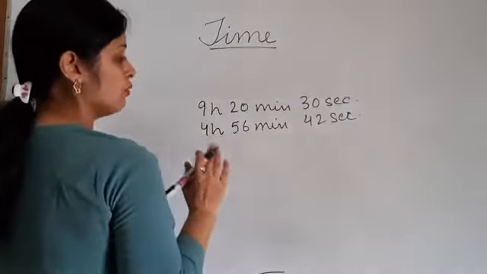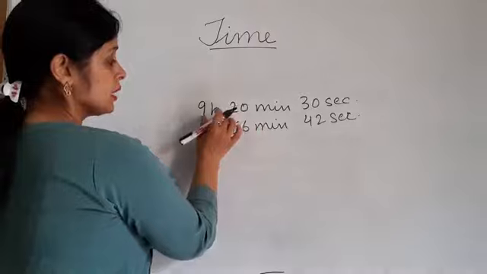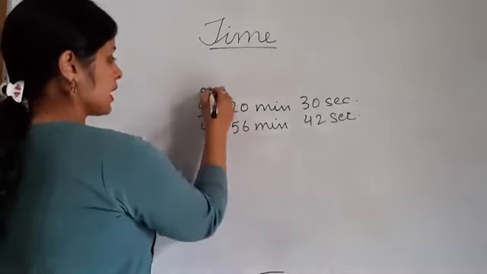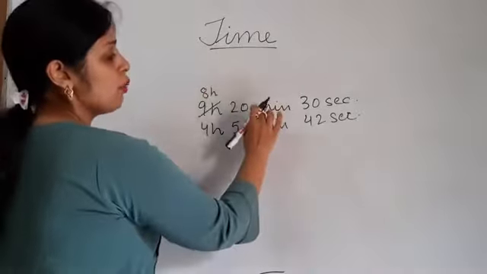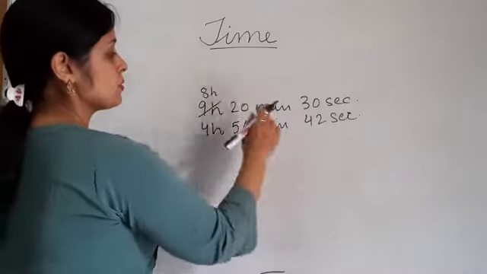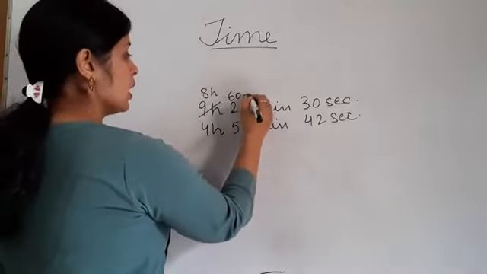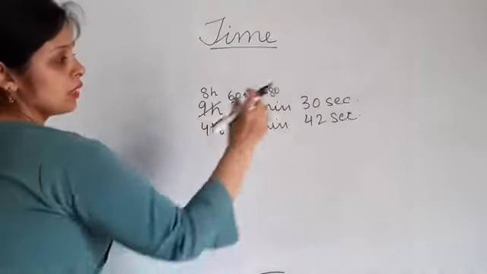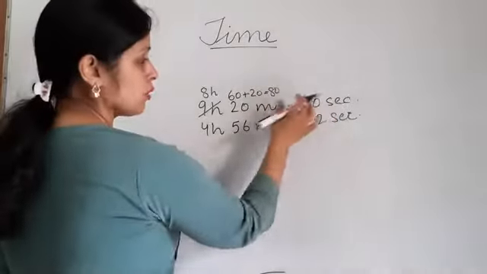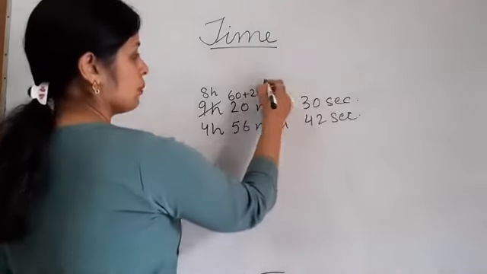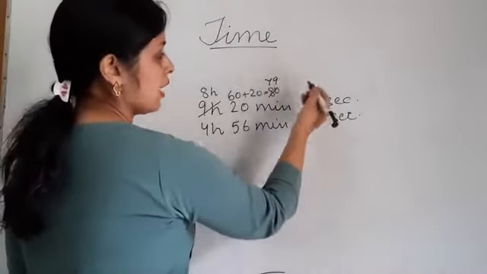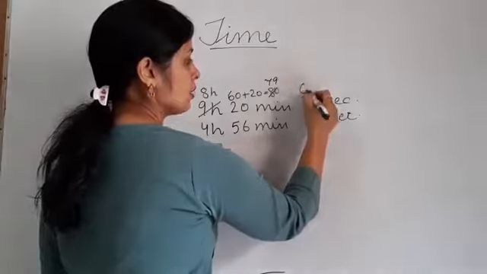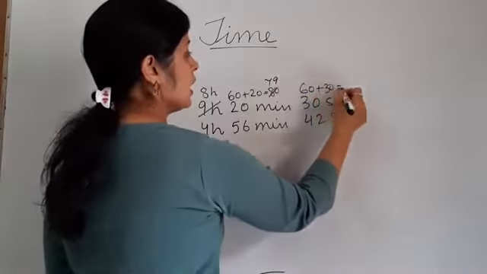So first we will make it 8 hours, and this hour when borrowed by minutes will become 60 minutes. So 60 plus 20, 80 minutes, and seconds also borrow from minutes, so it will become 79, and 1 minute when added to seconds will become 60 plus 30, 90 seconds.